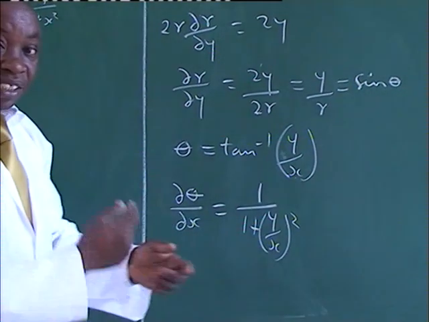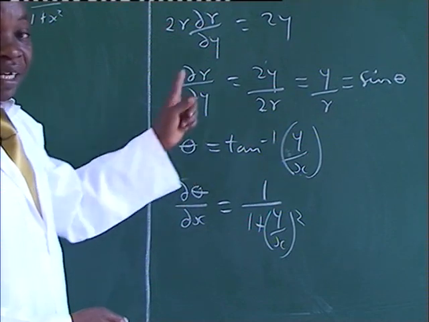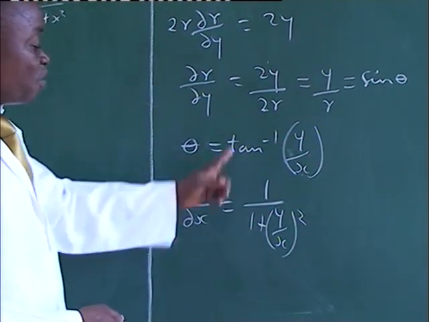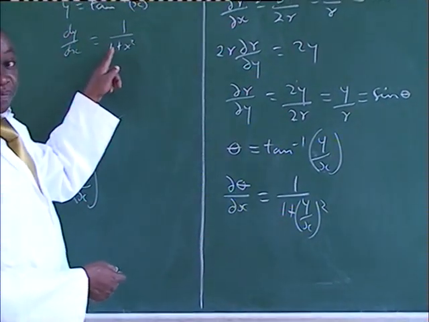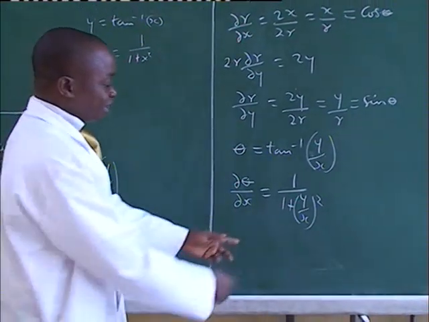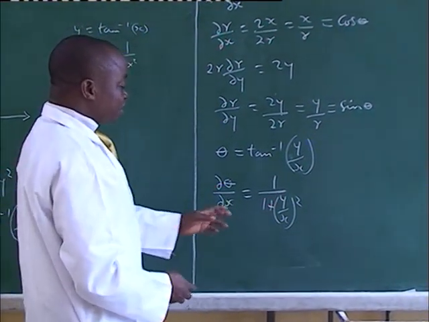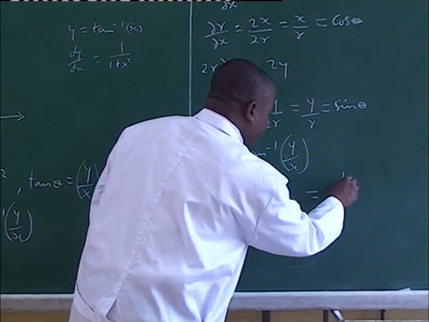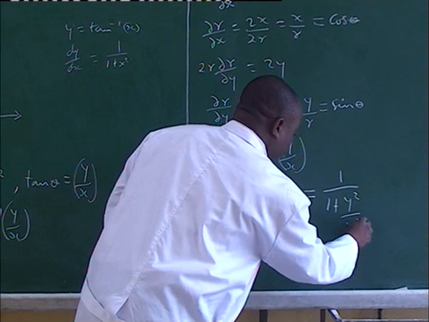When I differentiate, partial theta partial u gives me 1 over 1 plus u squared, and that is why this is my u. And so this will give me the same as 1 over 1 plus y squared over x squared.